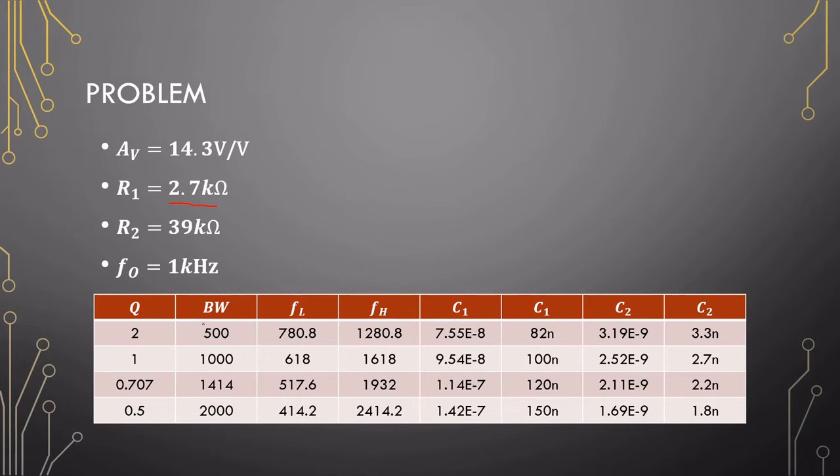With the Q factor, I calculated the bandwidths, and then using the two available equations for bandwidth, the relation of these two and the relation to the actual root and F0, I calculated F high and F low, and from there on it's simple substitution to find the capacitors.